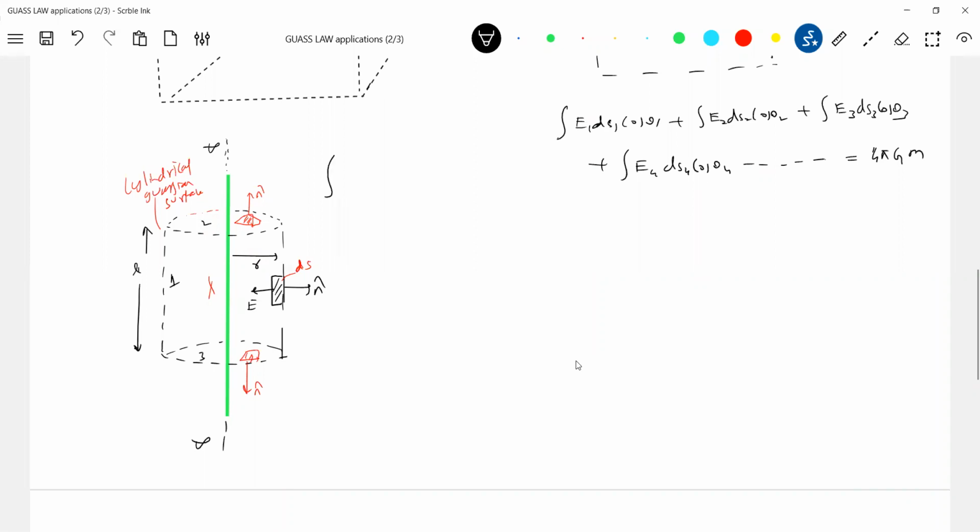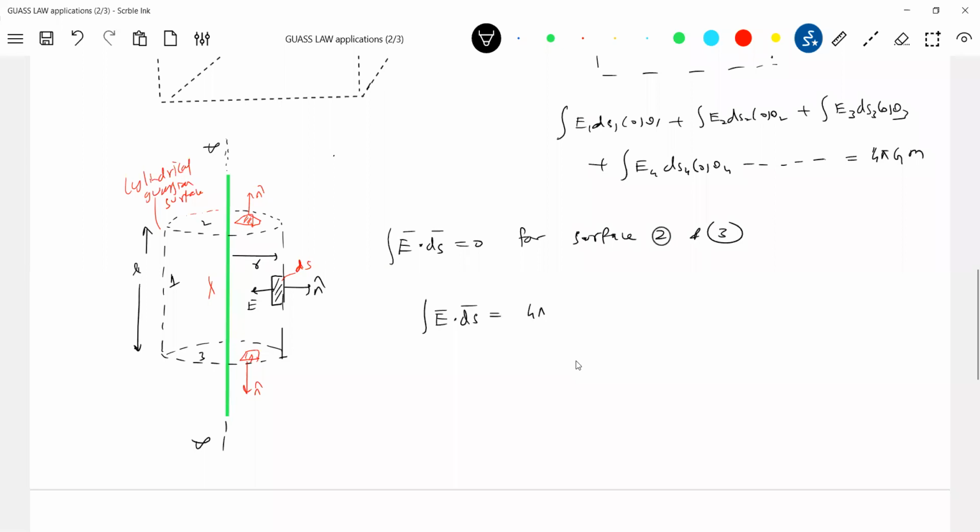Now what is the value of E bar dot ds for surface 2 and 3? Agree with this, only due to 1 it is non-zero.